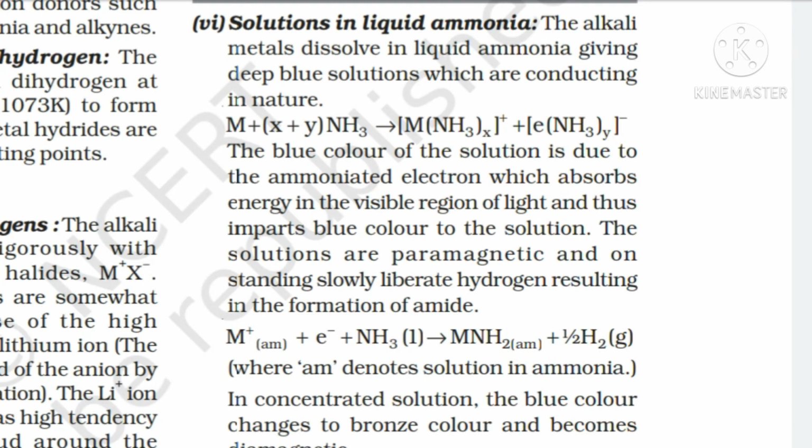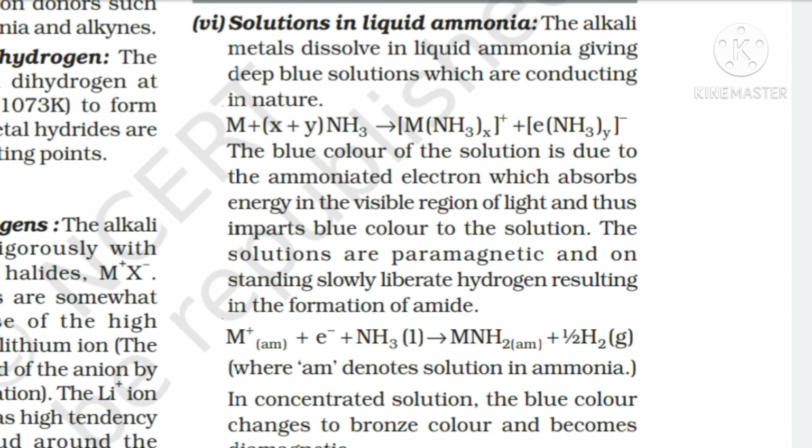The reaction is given: M plus x plus y NH3 to form M(NH3)x positive plus e(NH3)y negative. The blue color of the solution is due to the ammoniated electron, which absorbs energy in the visible region of light, thus imparting the blue color to the solution.